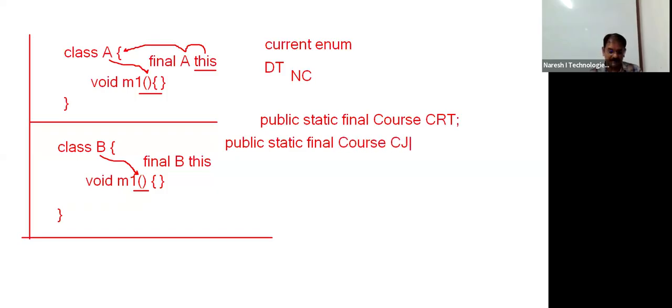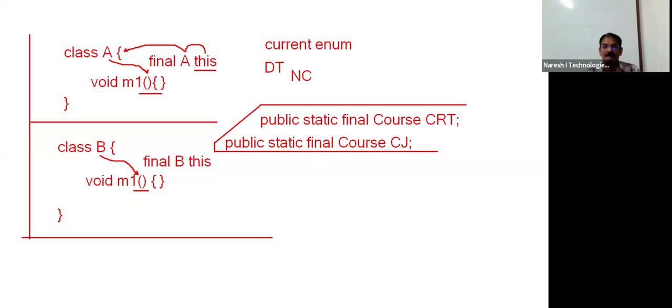Course for Java semicolon. Very, very important. Please try to understand. Whenever you create a named constant in an enum, at the time of compilation, the compiler software automatically adds this missing syntax.